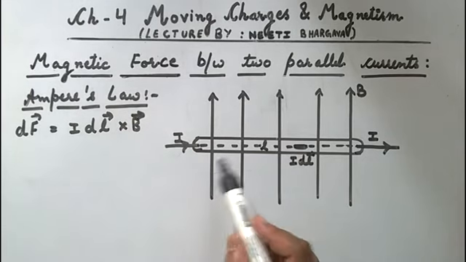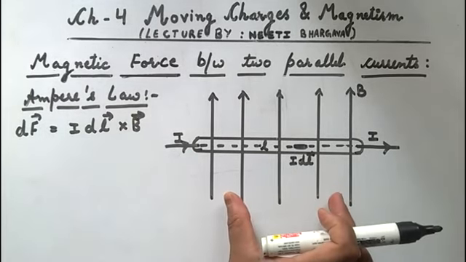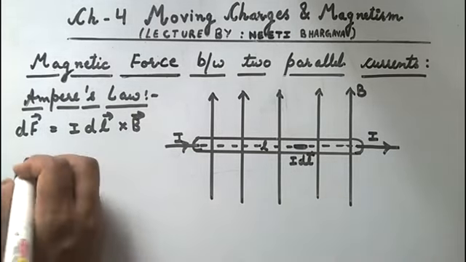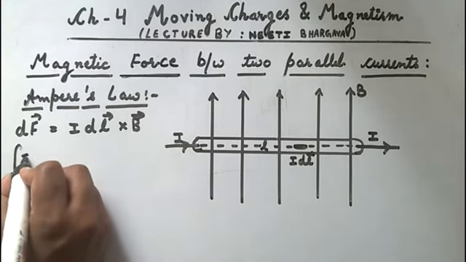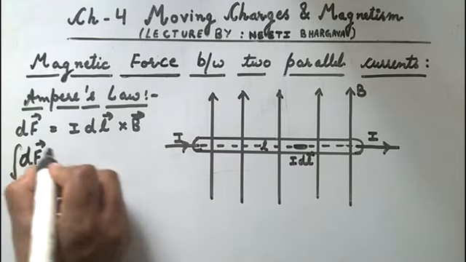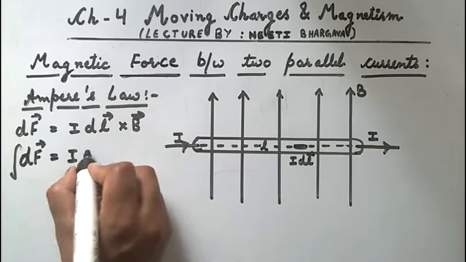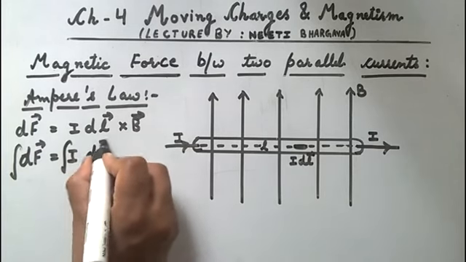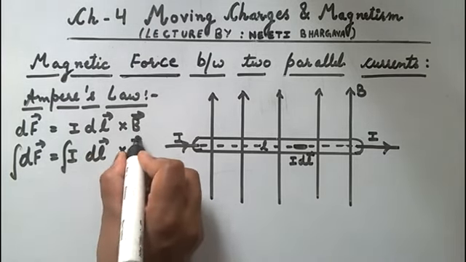The total magnetic force experienced by a current carrying wire is the integration of dF, I dl cross B vector.